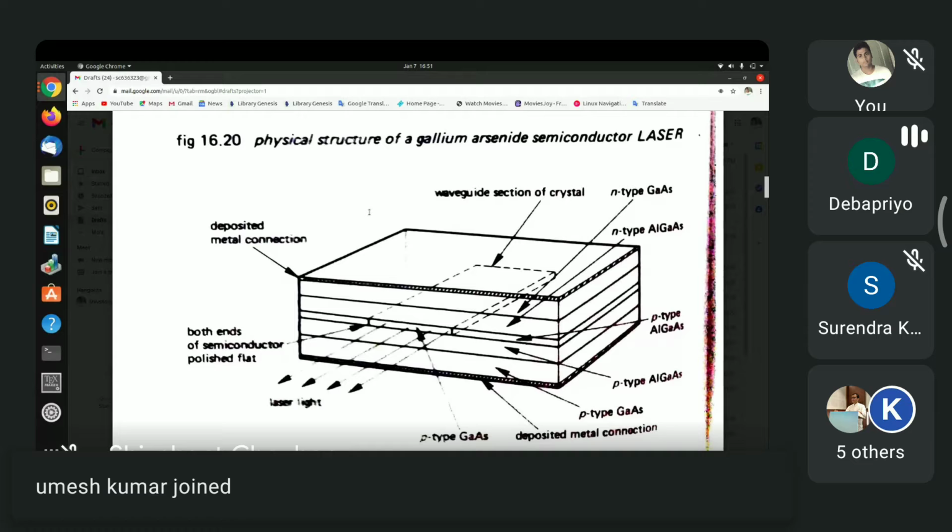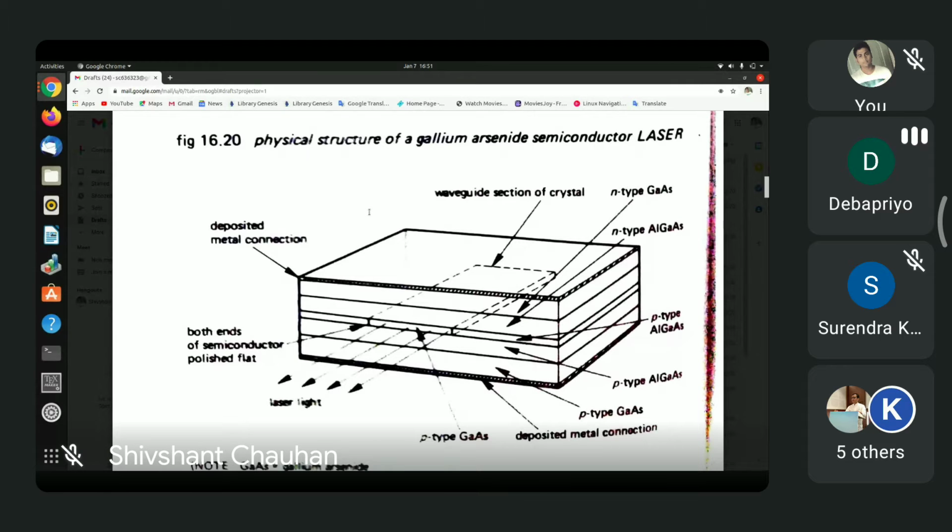They cannot come out through the side faces because the photons are moving back and forth between the polished faces. These are almost perfectly reflecting, so the photons go back and forth between them. Some photons get internally reflected from the interfaces, but because the side faces are not polished, some escape into the aluminium gallium arsenide layers and get lost.